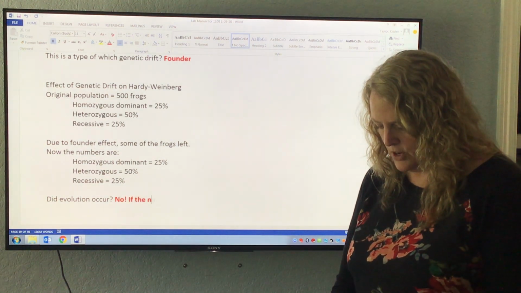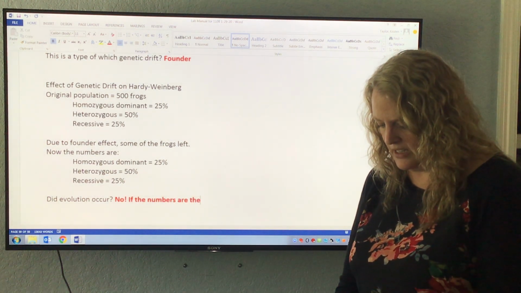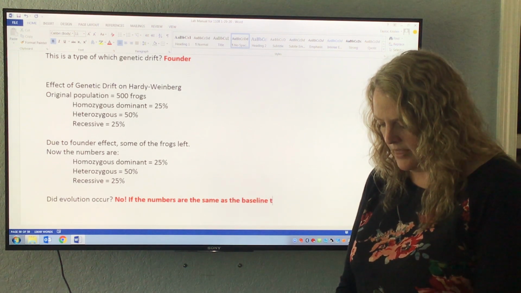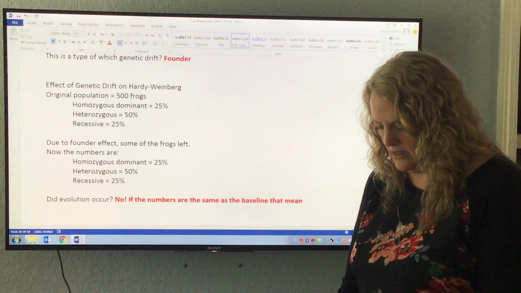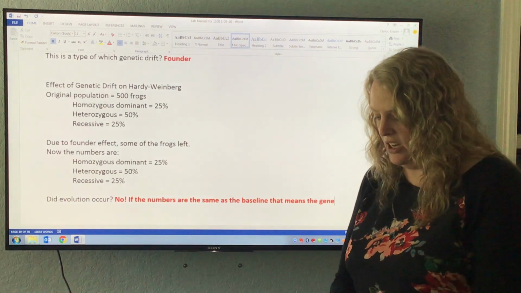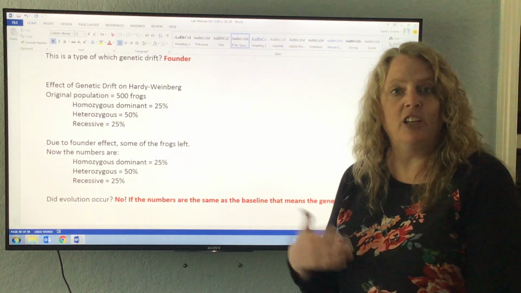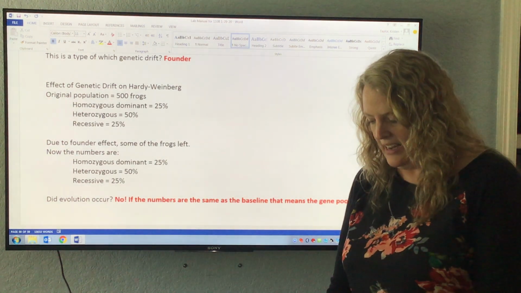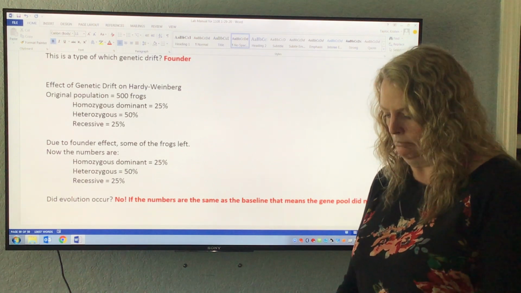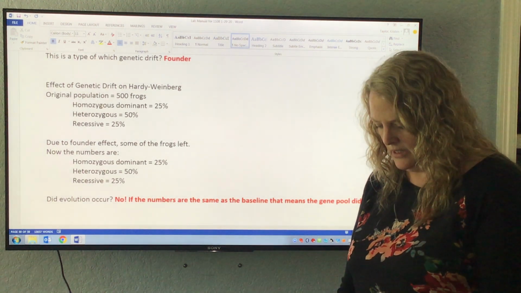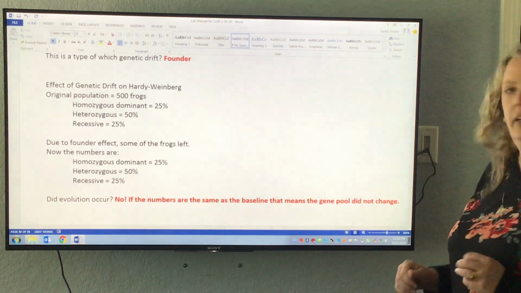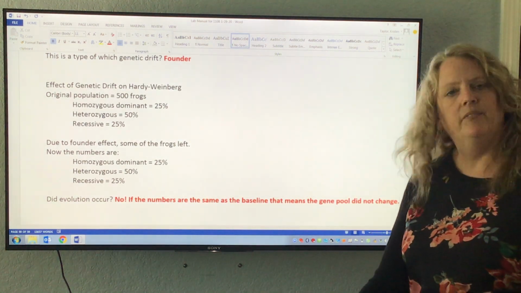If the numbers are the same as the baseline, that means the gene pool, or the allele frequency, or the genotype frequency, did not change. Did not change. Okay. In other words, evolution did not happen.